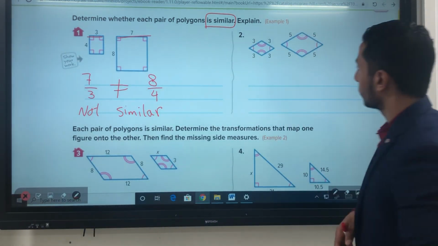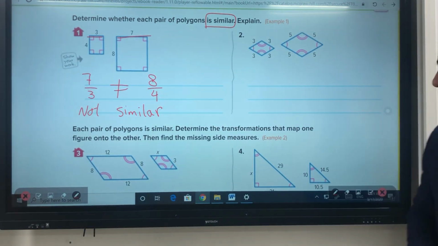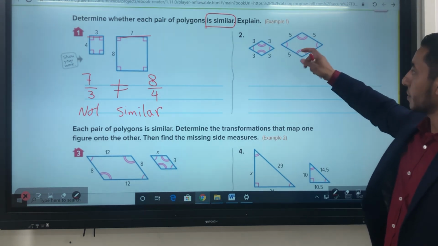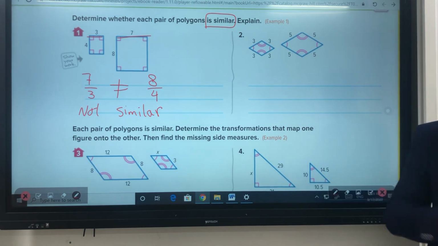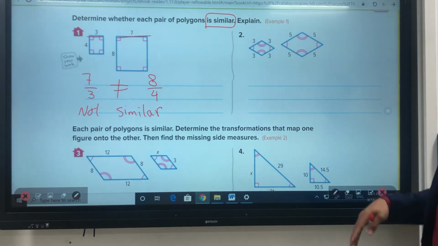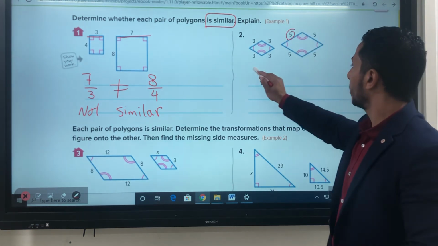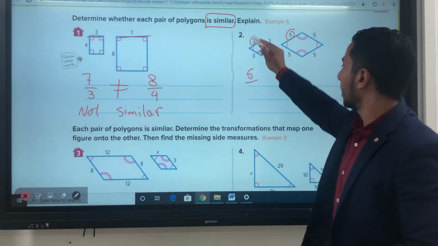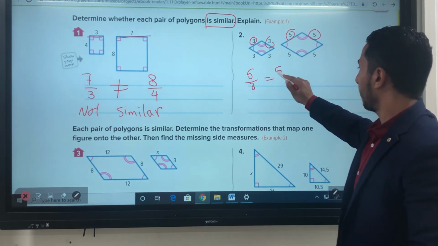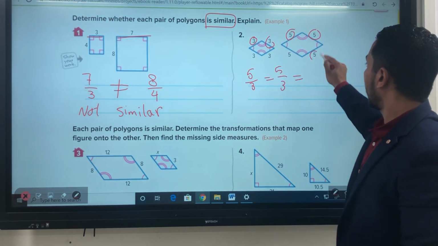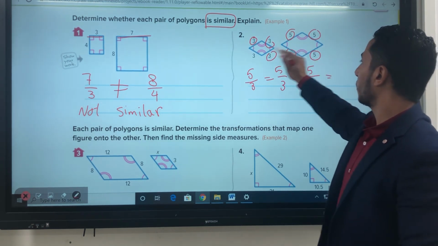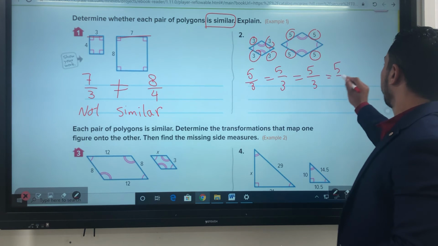Here, similar or no? Let's see. All angles, these matching arcs, that means angles are congruent. But here, what about sides? Yes, 5/3 equals 5/3 equals 5/3 equals 5/3.